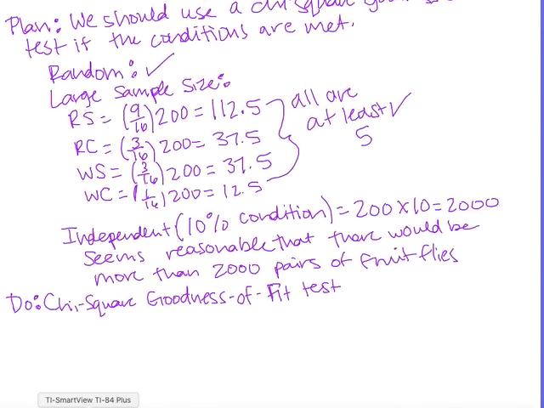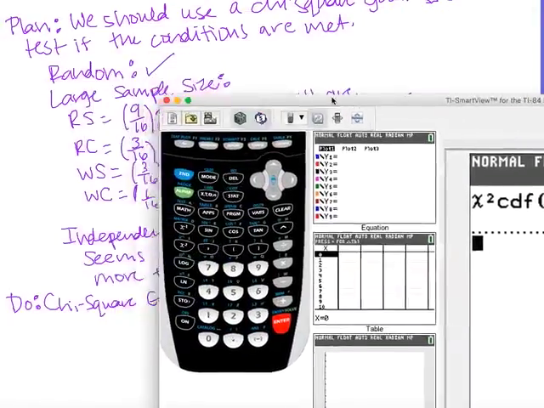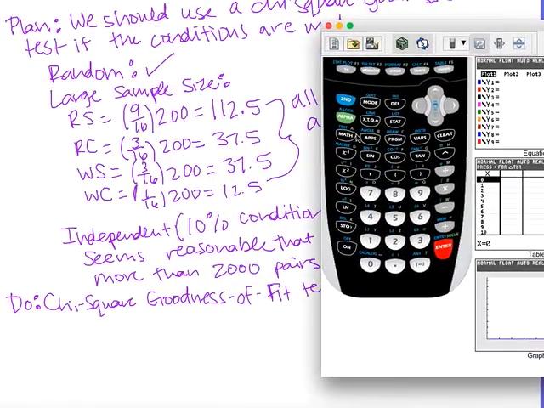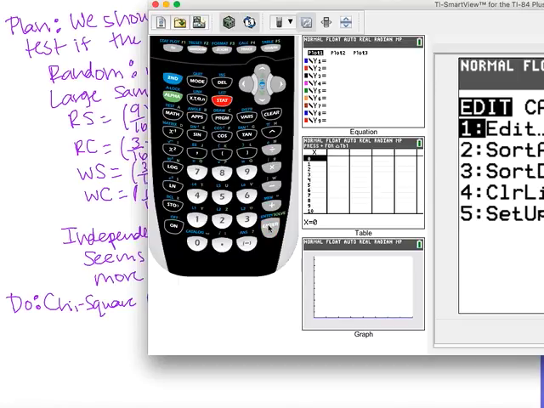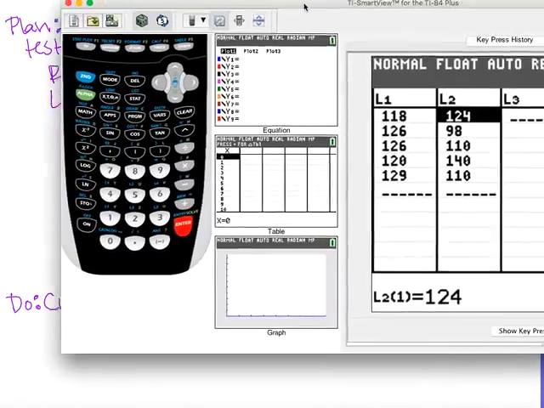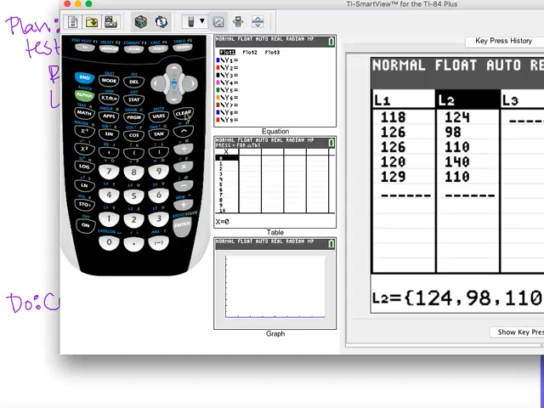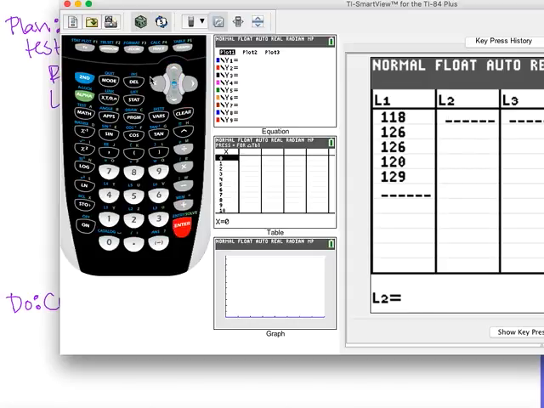Now to do this on the calculator, we're going to need to first put all of our information into a table. So we're going to do stat and then edit. The reason we're doing all of this on the table is because we want to be able to have our observed and our expected side by side, and our calculator will do all the rest of the work for us.